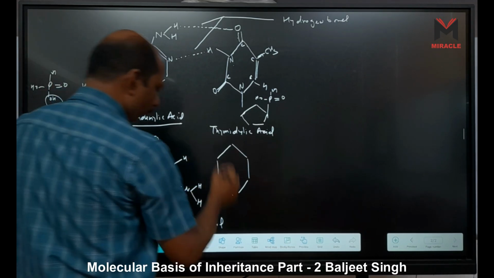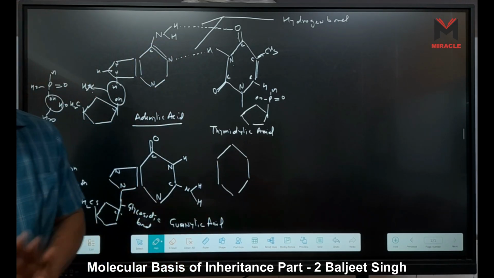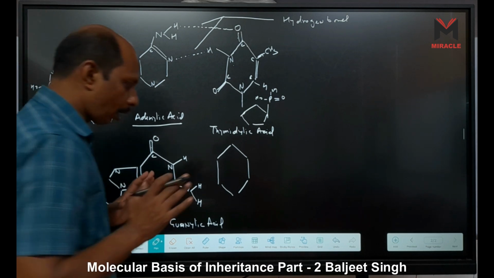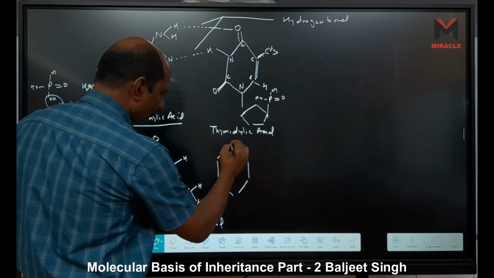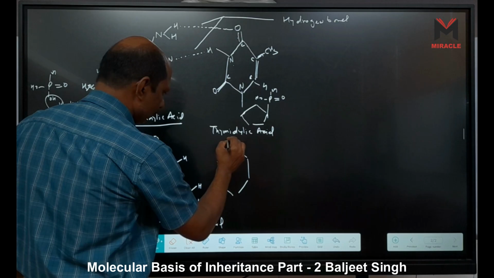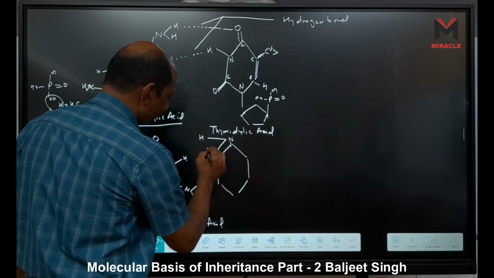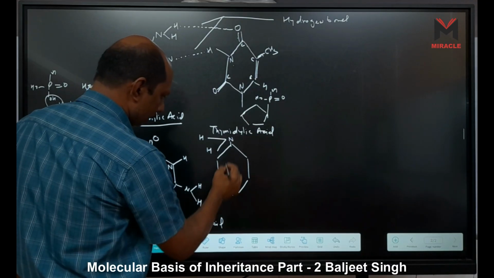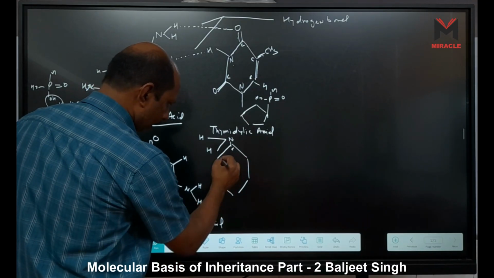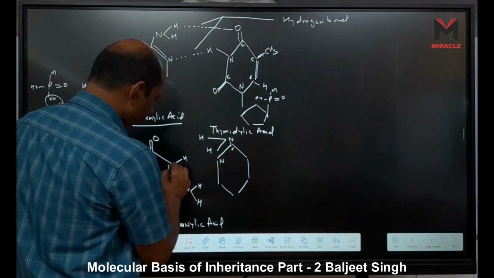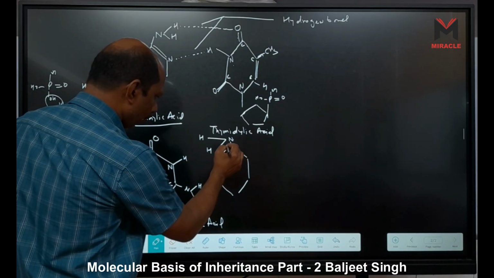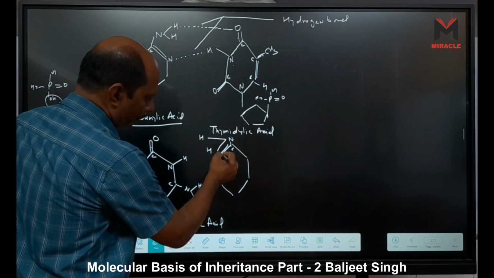Now this side, we know G is always bound with C with a triple hydrogen bond. So C contains NH2, right? This carbon, this is the nitrogen, right? Because 1, 2, 3 and 4, so the nitrogen is also completed.